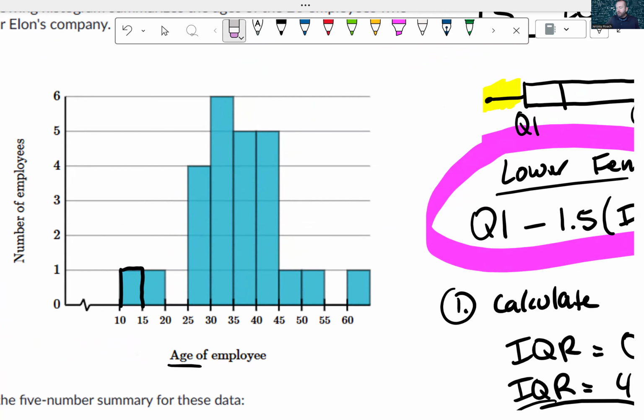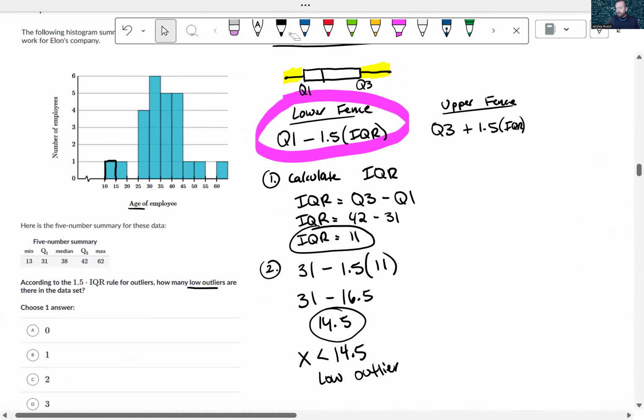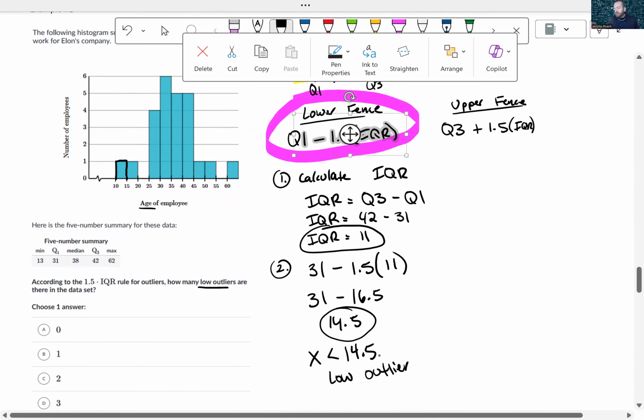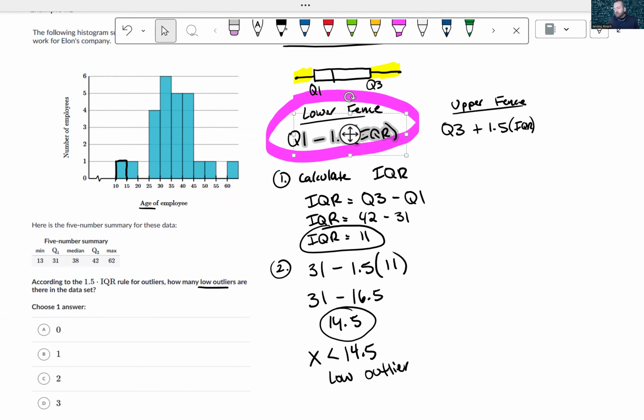It's an outlier only if the age is less than 14 and a half. From the histogram alone, we don't know that it's less than 14 and a half or not. We just know that that one employee is between ages 10 and 15.